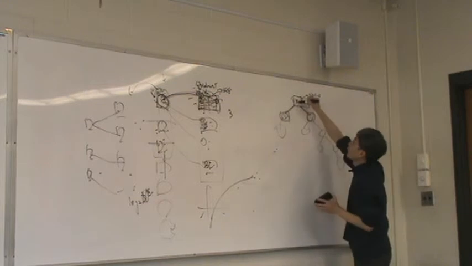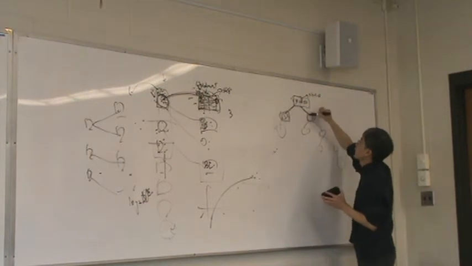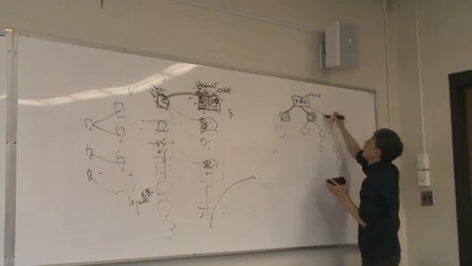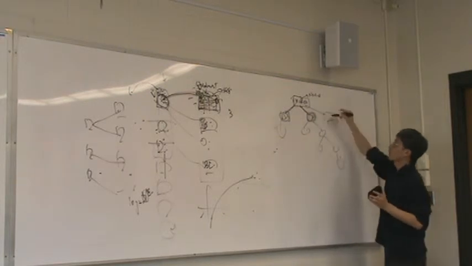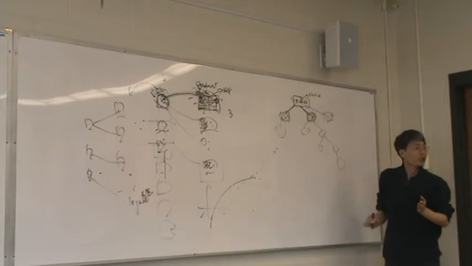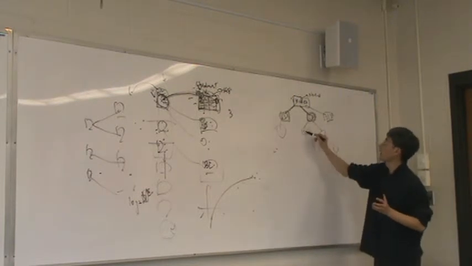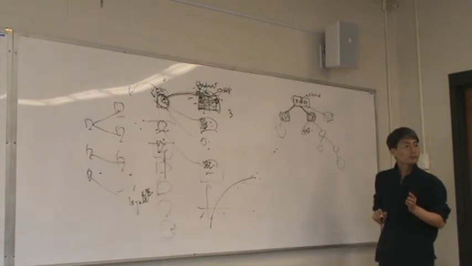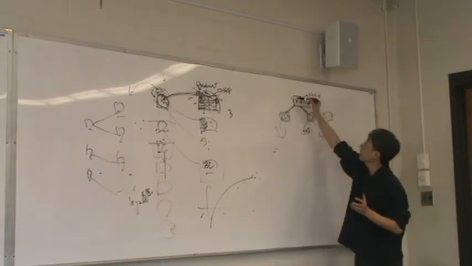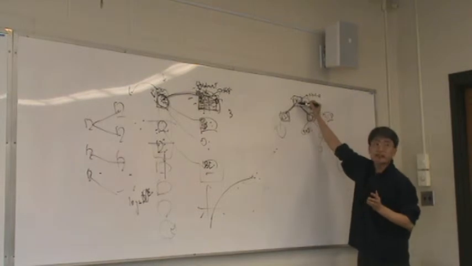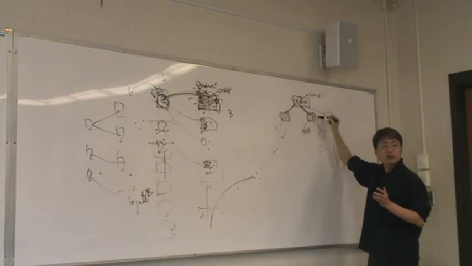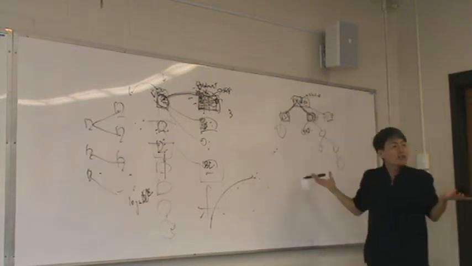Bigger than 10 and less than 20 goes here, which means 11, 12, 13. Bigger than 20 and less than 30 goes here, 21, 22. Just like that: less than this value goes here, bigger than this value goes here, and in between goes in the middle. It's a very simple structure.